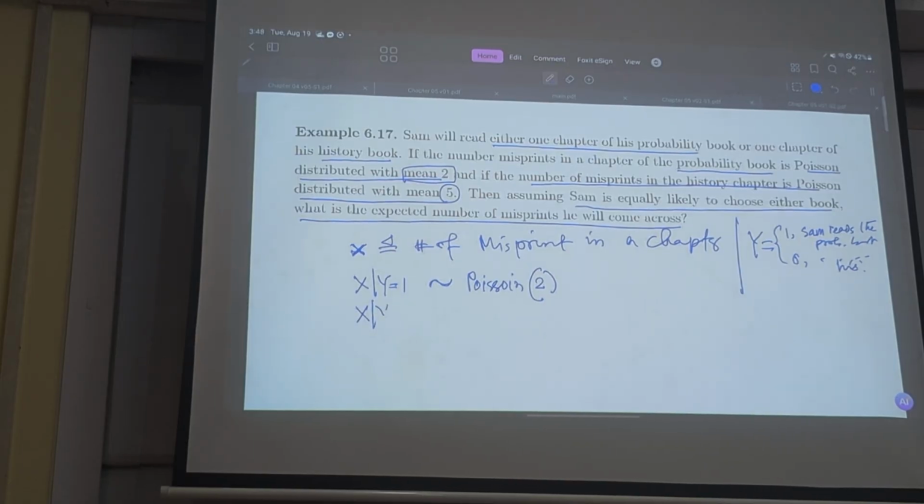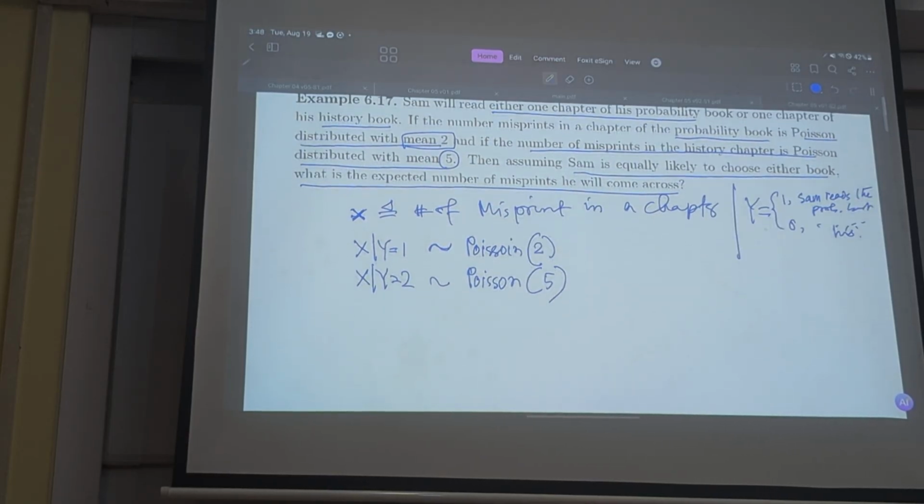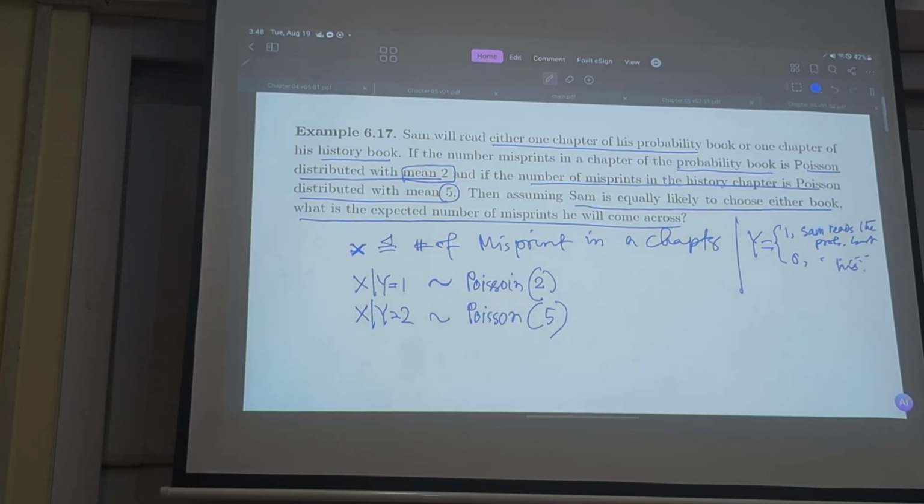And X given Y equal to 0 is once again Poisson with its own parameter. Now, what is the PMF of Y? Half of the cases we will read the probability book, half of the cases the history book.